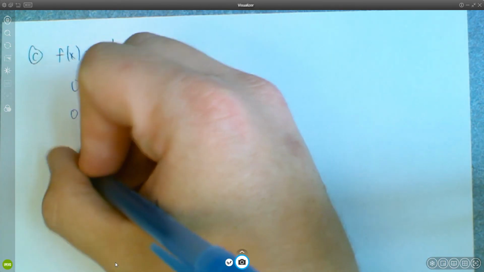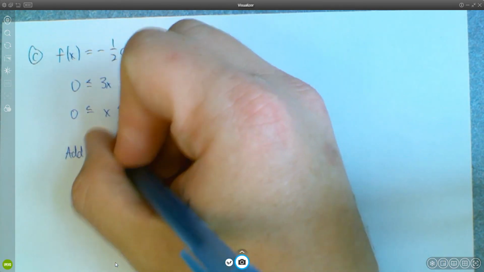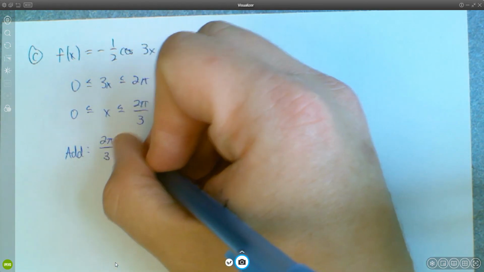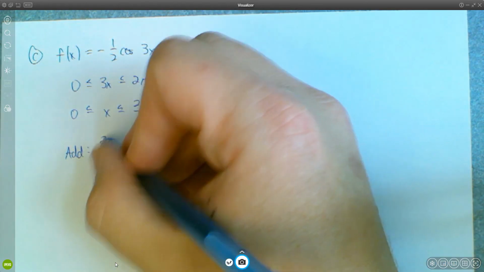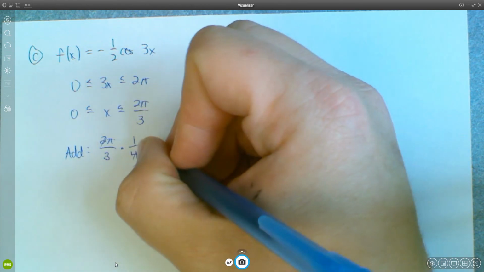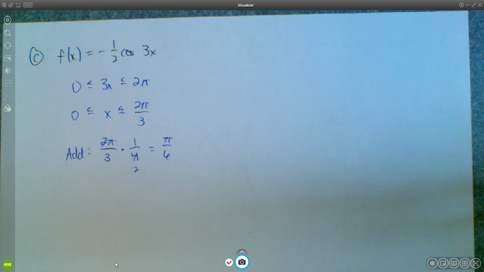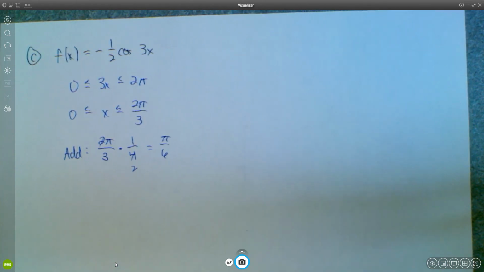Now, what do we add? We're going to add 2 pi over 3 divided by 4. That's the same thing as multiplying by 1/4. So that's pi over 6. So we saw one kind of like this already, but we're going to add pi over 6.